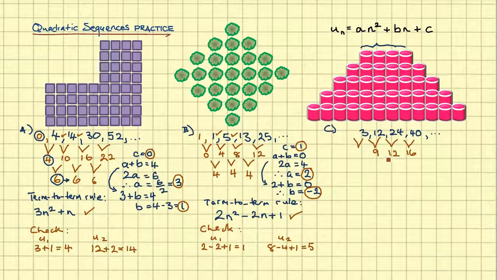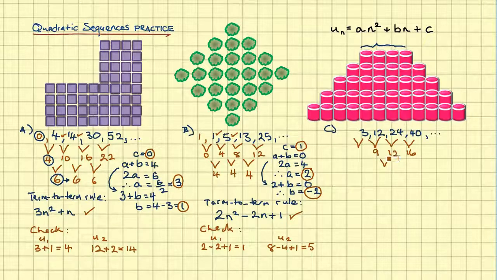Okay, now if we go backwards to find our 0 term, well, we've got a second difference of 12 subtract 9 is going to give us, no, is that right? No, that can't be right. Have I made a mistake here? So 12 subtract 3 gives me 9.